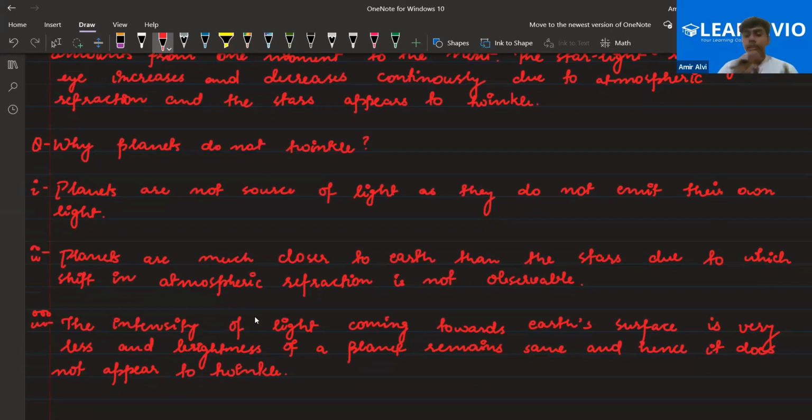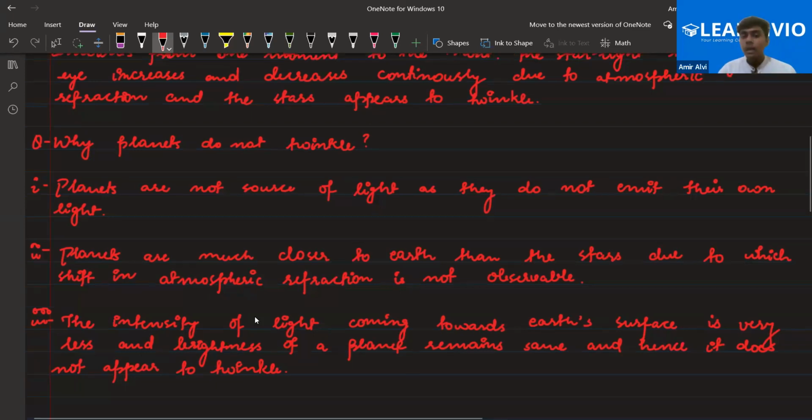You can compare it like this: the stars are very far away, suppose at the end of the universe, like we are just assuming, and still light from the star is able to reach the Earth, right? It means that the intensity of light from these stars is very high. That's why it's still observable from billions of kilometers away.